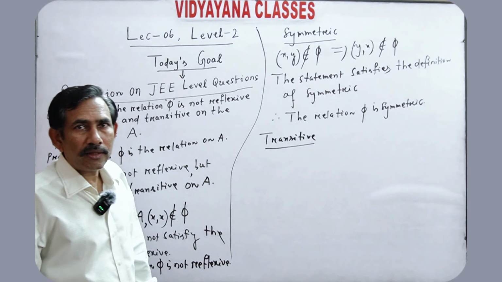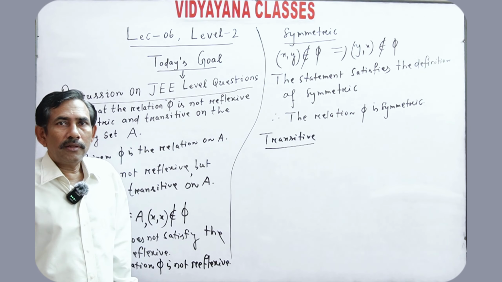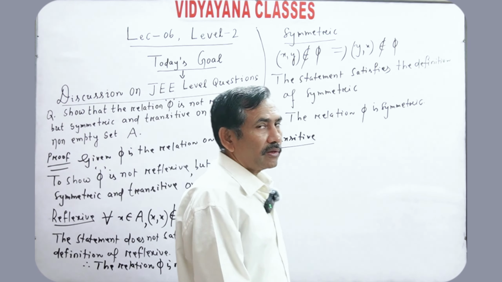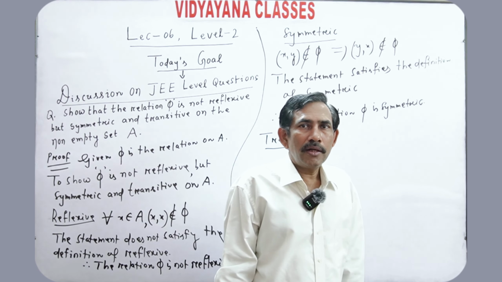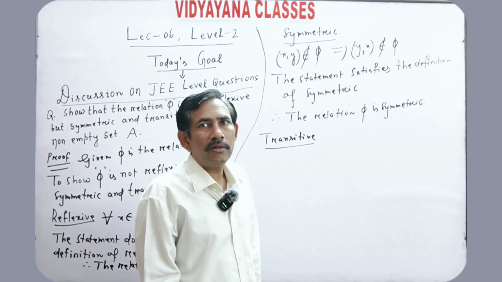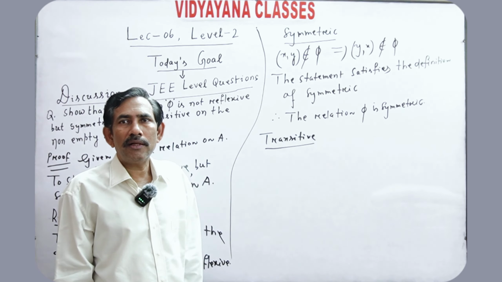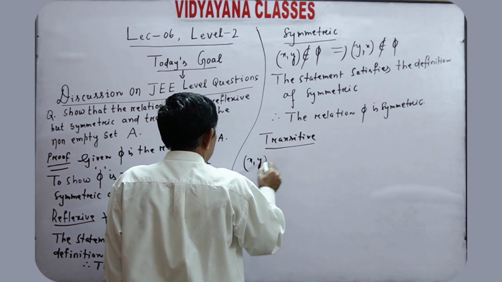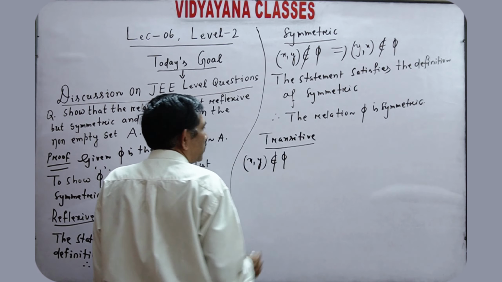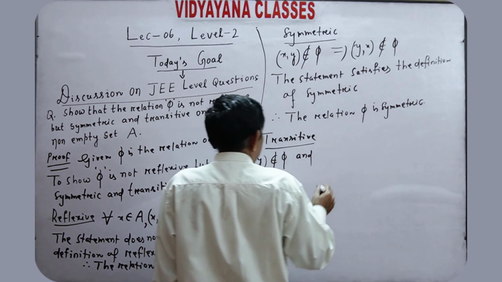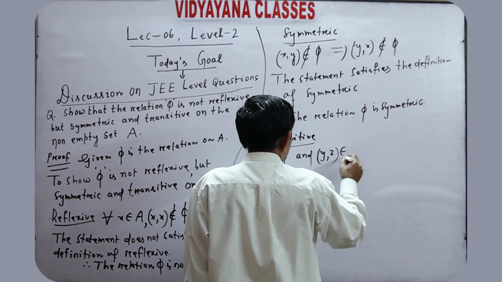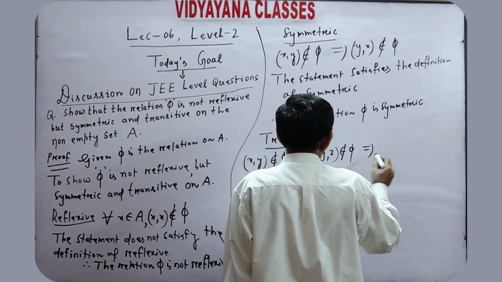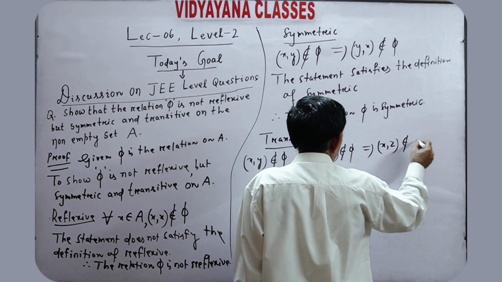What is transitive? The relation R on A is said to be transitive if (x, y) belongs to R and (y, z) belongs to R implies (x, z) belongs to R. Or we can say (x, y) does not belong to R and (y, z) does not belong to R implies (x, z) does not belong to R. (x, y) does not belong to phi is true, and in the negative sense (y, z) does not belong to phi, that implies (x, z) does not belong to phi.